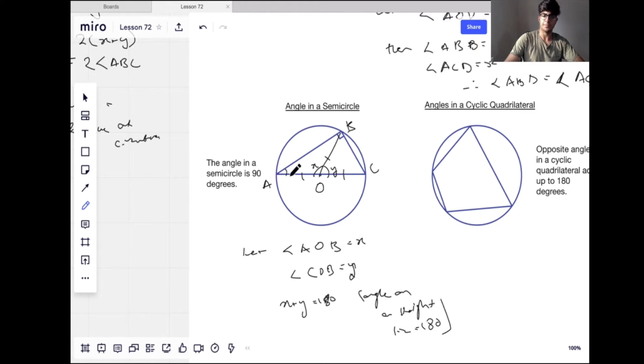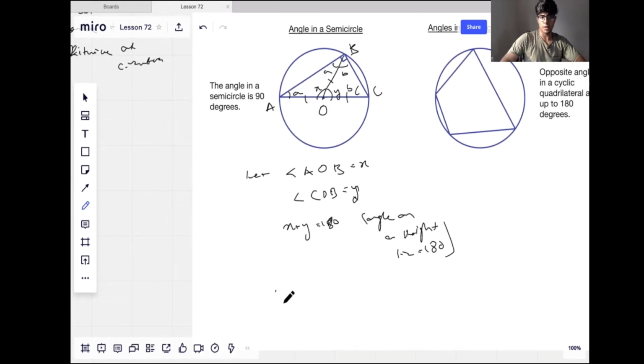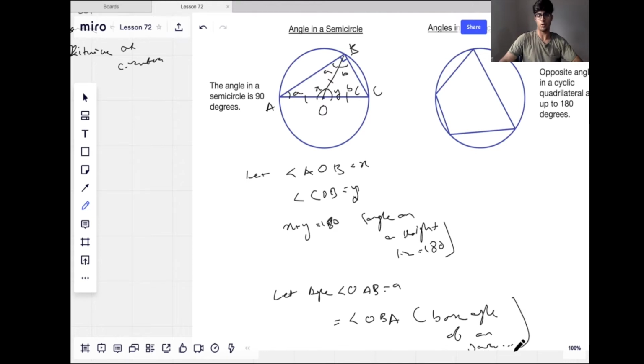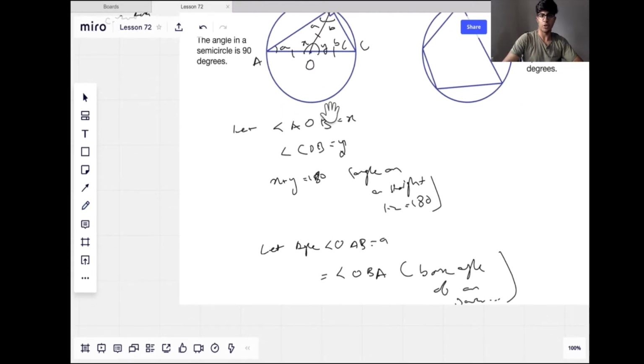Let's call these angles A and A, and this is B and B. We can say let angle OAB equal A, which equals angle OBA, because the base angles of an isosceles triangle are equal. And then you say the same thing with Y.